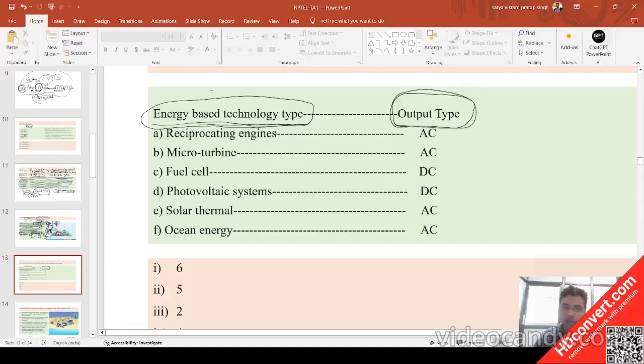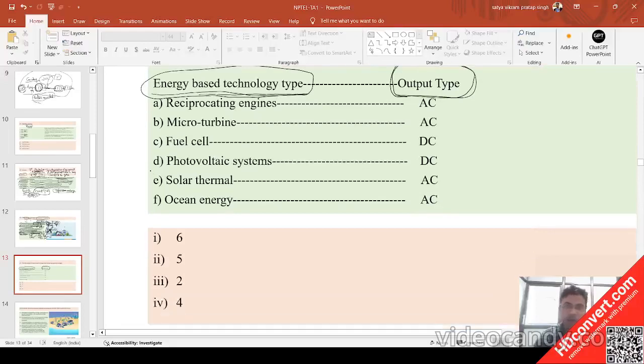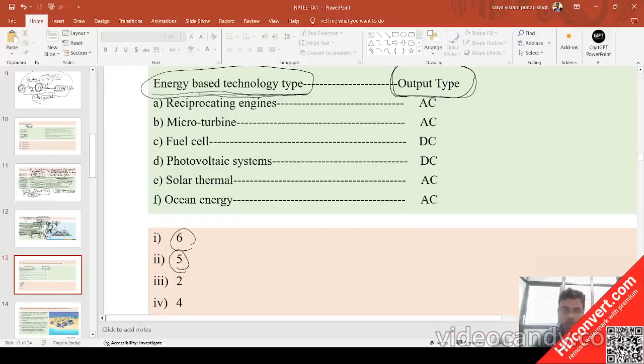You have to answer which options are correct. Suppose all 6 are matched correctly with the right side output type, you should say 6. If 5 are correct, you should say 5, or 2 or 4. I will explain why I am saying that. Please solve this.